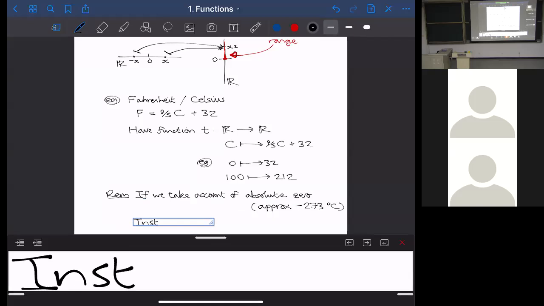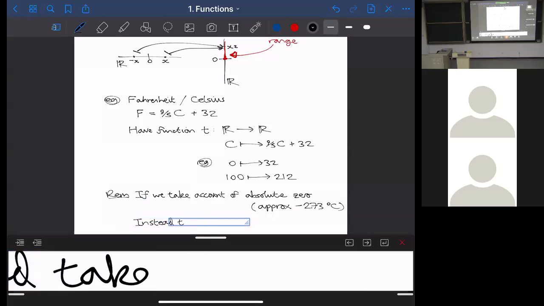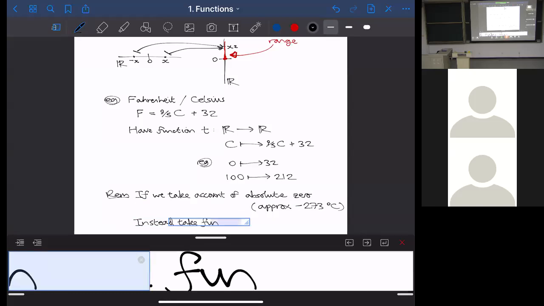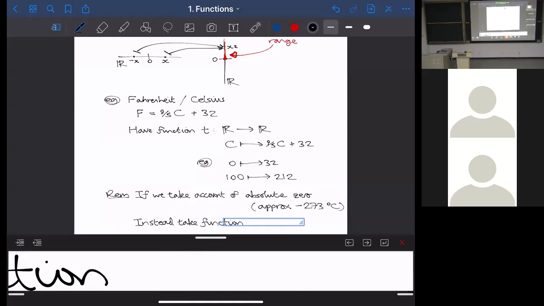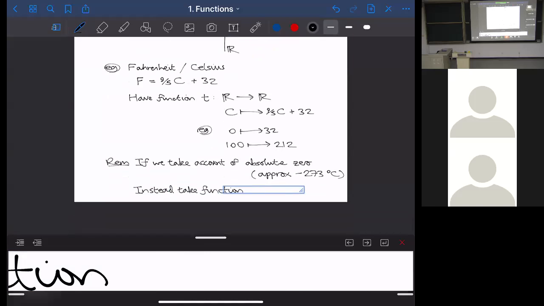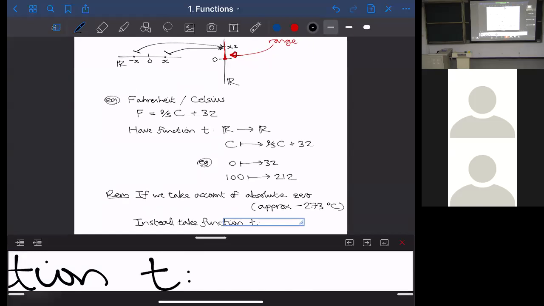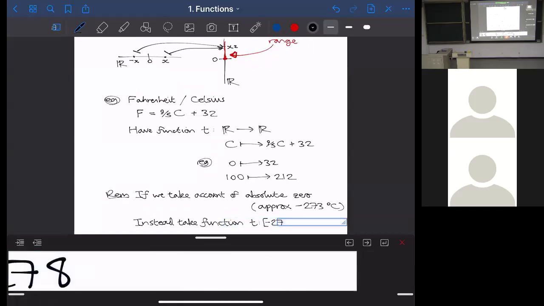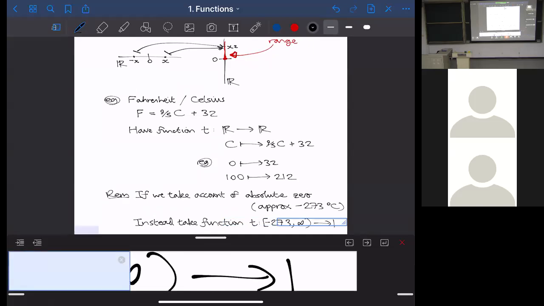Then instead, we can take a function t, which has domain minus 273 to infinity, and codomain R.